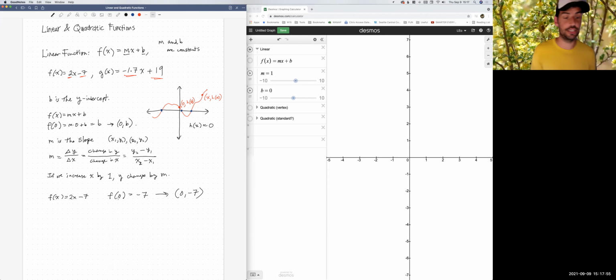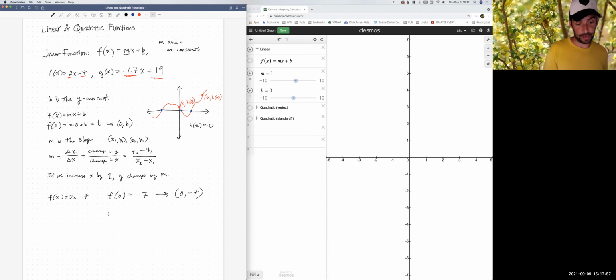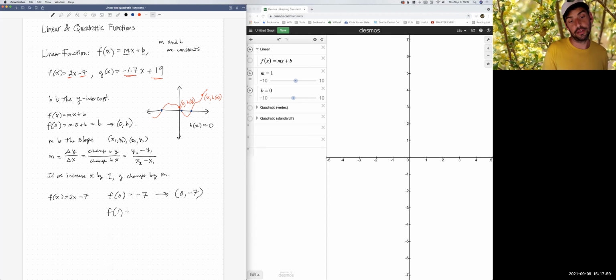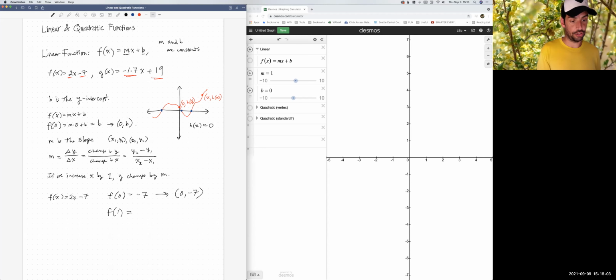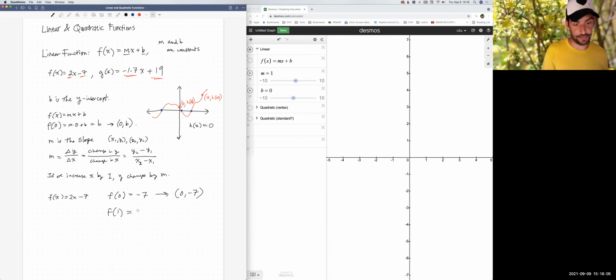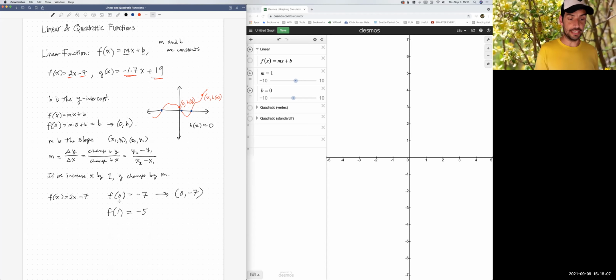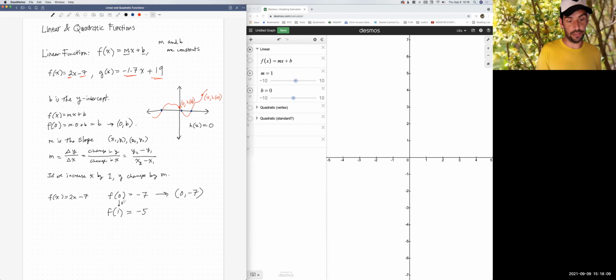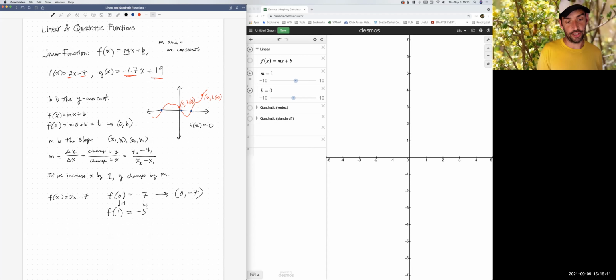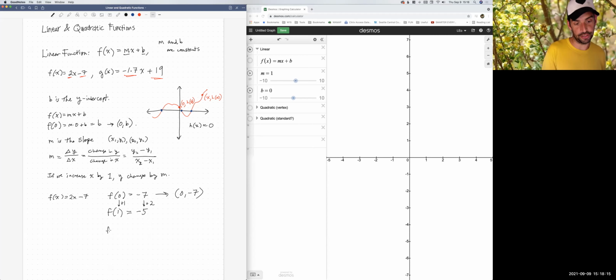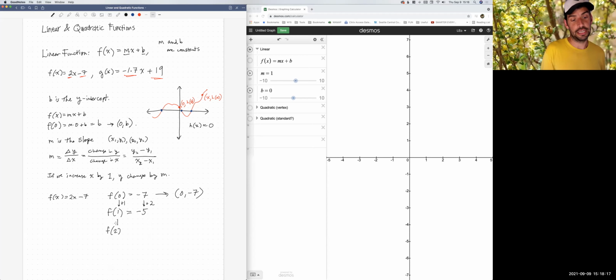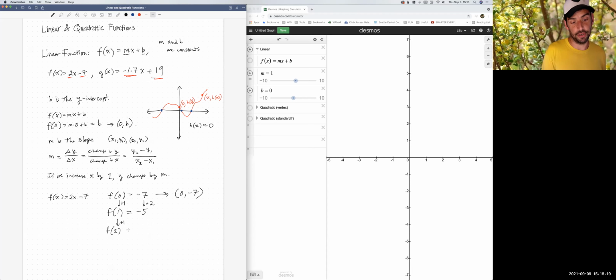Let's see if we increase x by 1, f of 1, we get 2 times 1, or 2 minus 7 is -5. So we increased x by 1. It looks like we've increased y by 2. Let's just do it one more time to be sure. So again, we've increased x by 1.